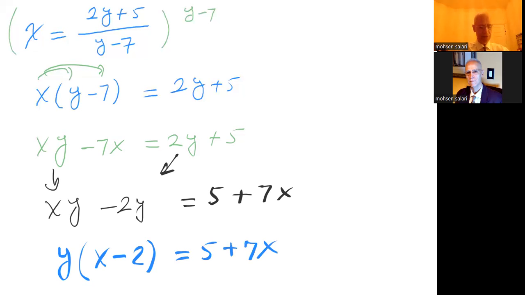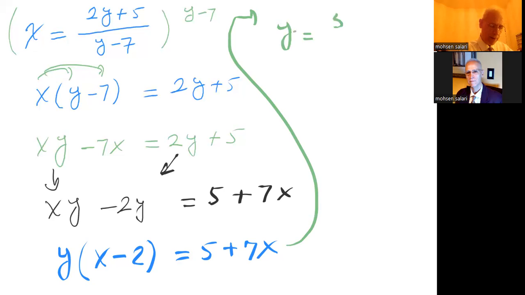And now if I divide both sides of this equation by x minus 2, then I have y equals 5 plus 7x all over x minus 2.